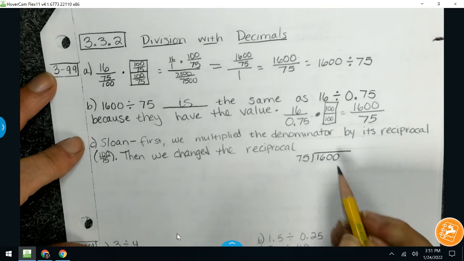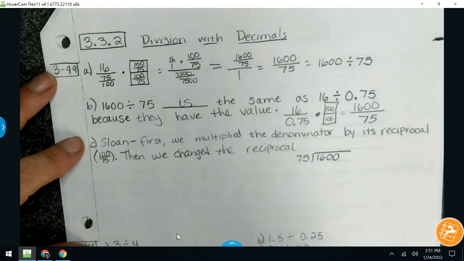Now I'm going to stop right here because I need to do the long division right there. So I want to make sure I give myself enough room.